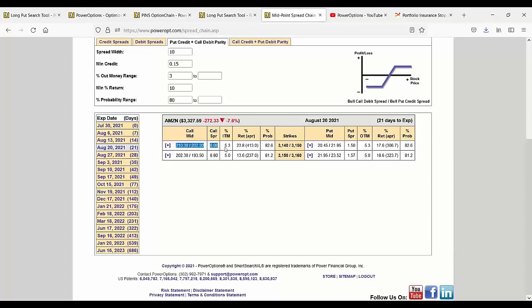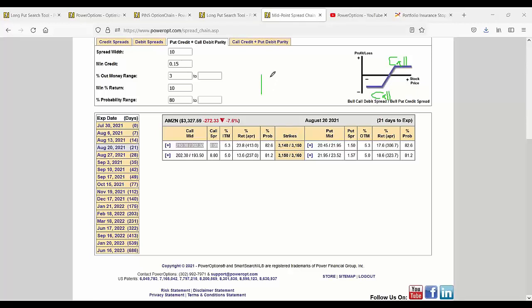What is this over here? This is the same trade done as a bull call debit spread. In other words, we're selling the 31.50 call that is slightly in the money and buying the 31.40 call, which is slightly in the money. The debit on this 10-point spread is 808.